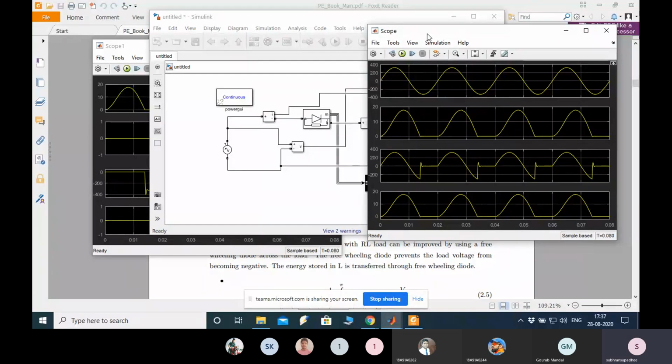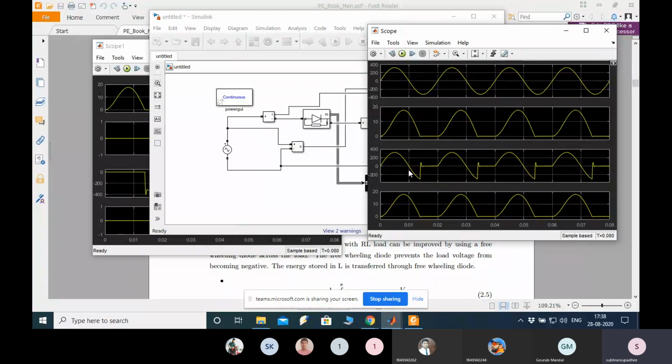As the value of L is increasing, there is a negative aspect over here, the output voltage getting negative. This is a higher value of L, right? So here the diode acts as a bipolar switch. In previous cases it was acting as a unipolar switch, right?